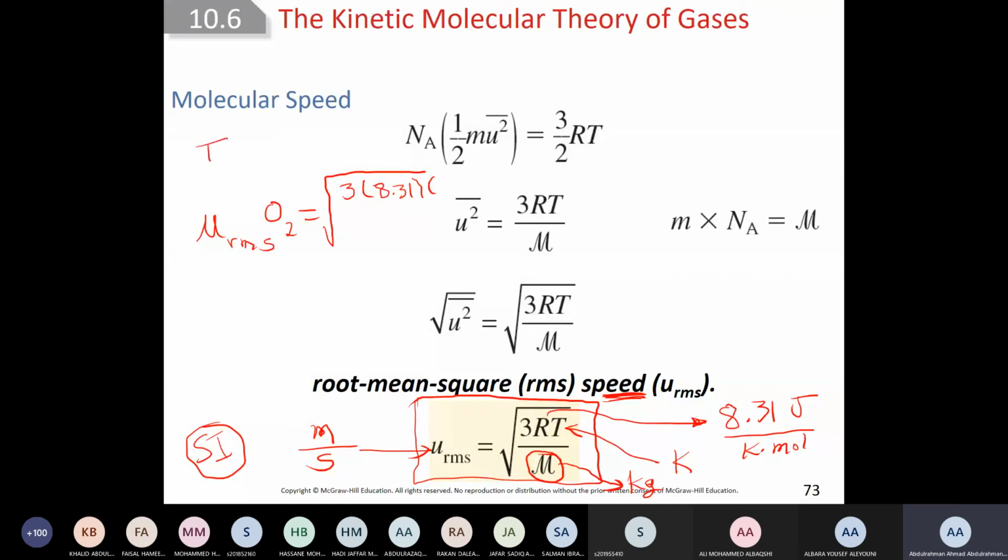Let's assume that T is at 25 degrees C. 298.15. 298.15 divided by what? 2 times 10 to the minus 3 to make it kilogram. Is this clear? Very quickly, tell me what's the answer.